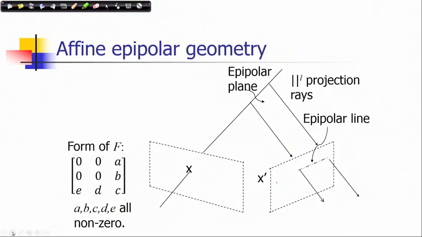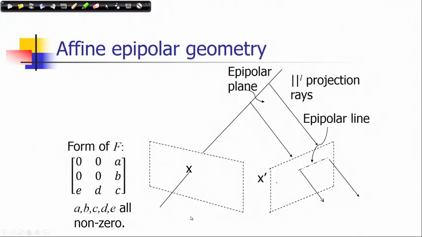In an affine camera, your center of projection, or camera center, lies at infinity, which means that the projection rays are all parallel to certain directions, and the basic imaging mechanism takes place through that parallel projection. So, let us consider a stereo system which is formed by two affine cameras.